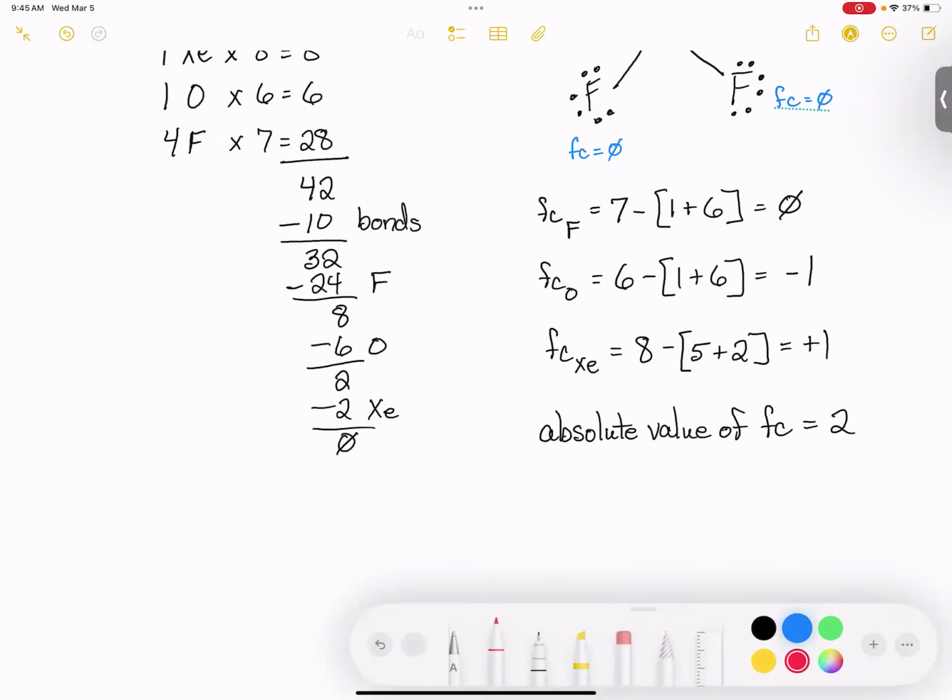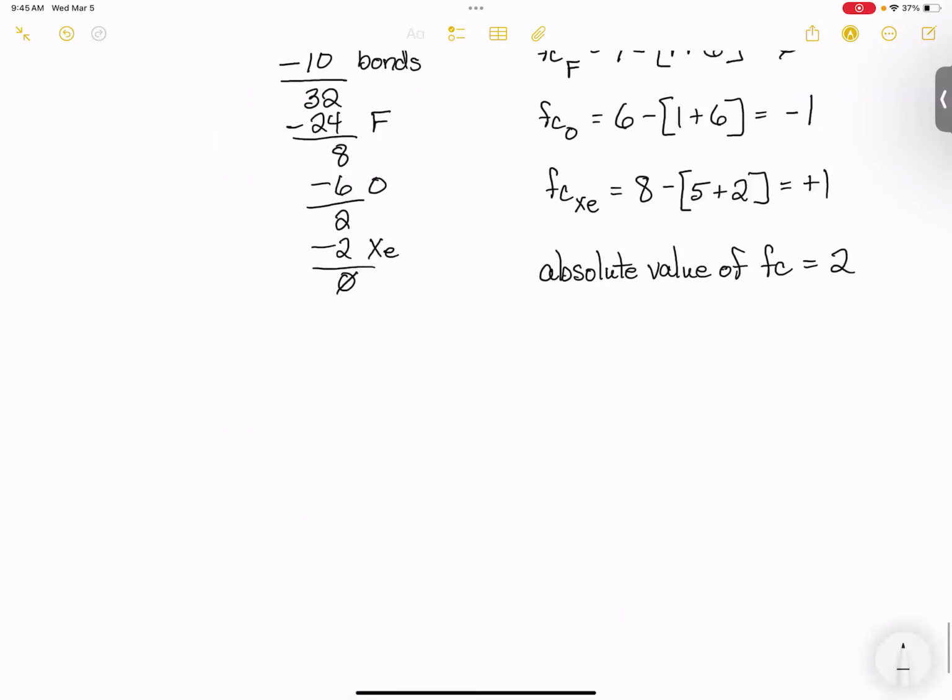Okay, when we get to that stage, now our structure is this structure. The question is, is this a better structure?